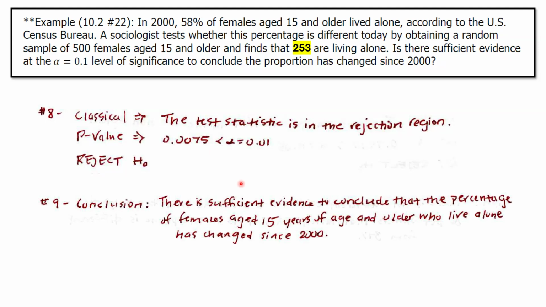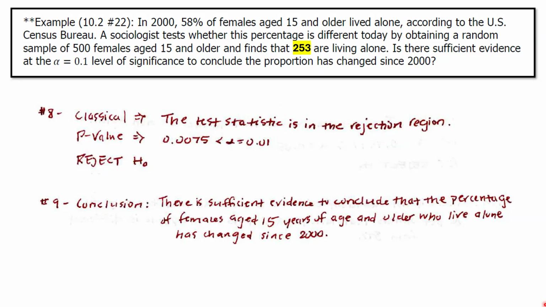So our conclusion is going to be that there is sufficient evidence to conclude that the percentage of females aged 15 years of age and older who live alone has changed since 2000. Okay, so what were we testing in this problem? We were testing, has the percentage of women living alone changed from 58% in 2000?